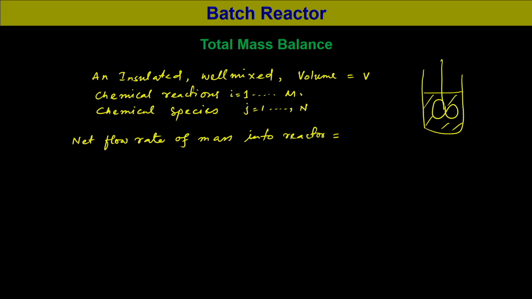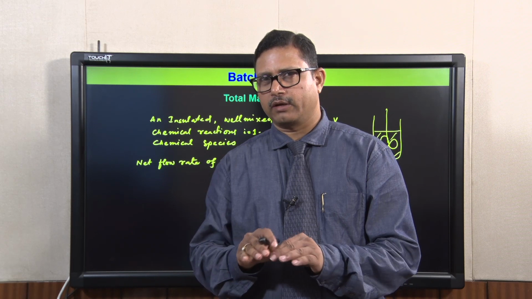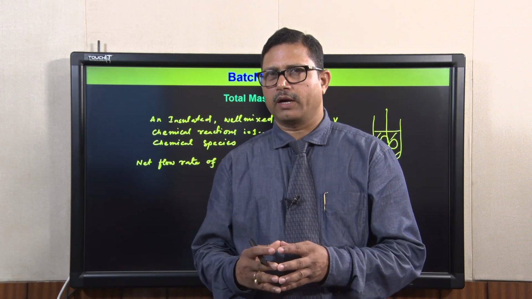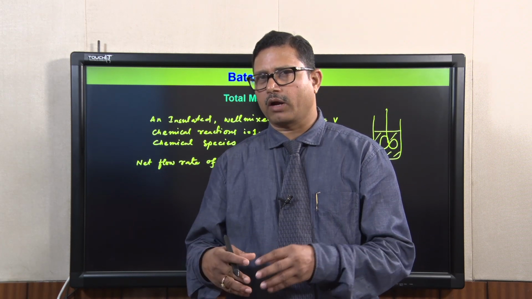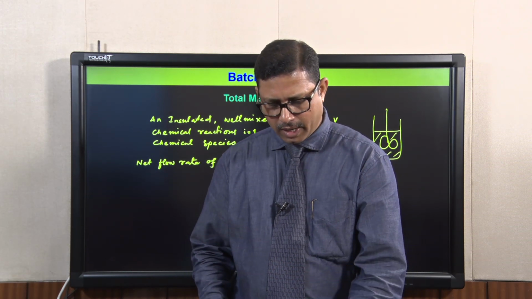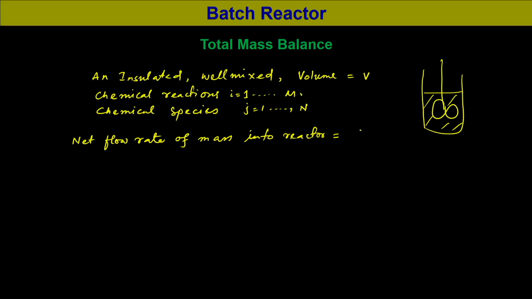This net flow rate means in and out. Since in a batch reactor we include the material inside, close it and then stir it for a certain period of time, there is no inlet or outlet. So, the net rate of mass into the reactor would be 0.